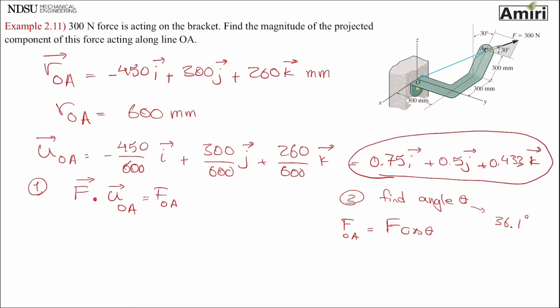Okay, so if we want to do the dot product of F, let me just write it here quick to remind you, F is minus 75I, 259.8J, and 129.9K, units are newtons.